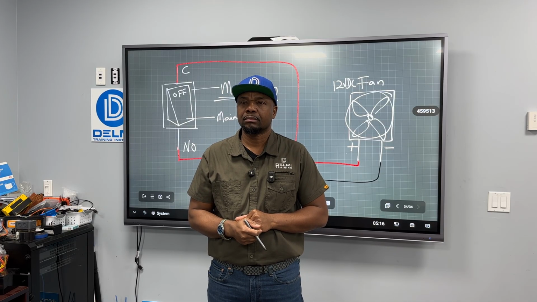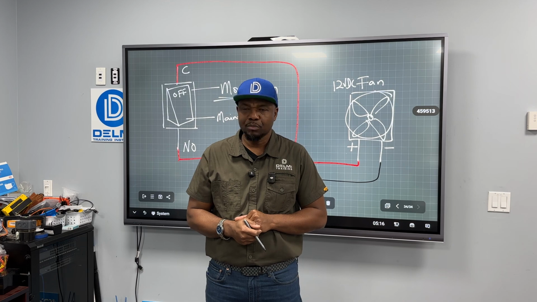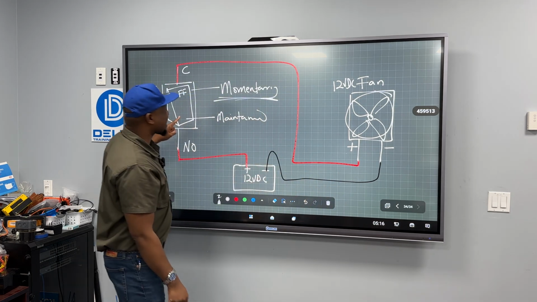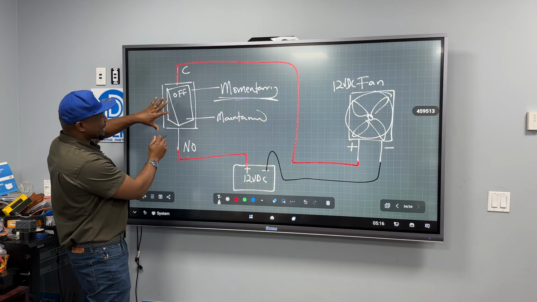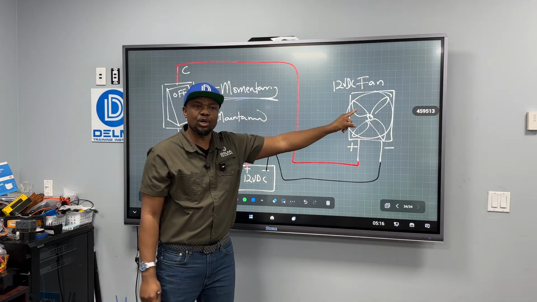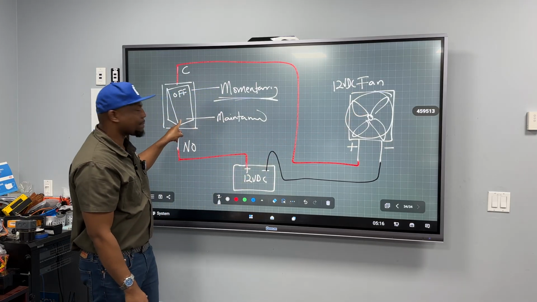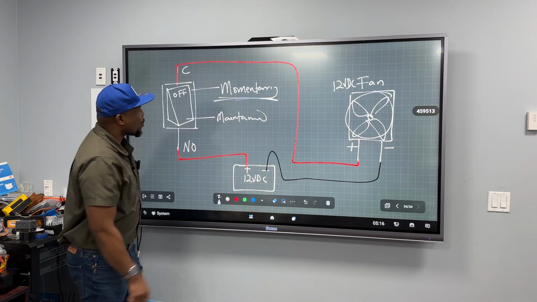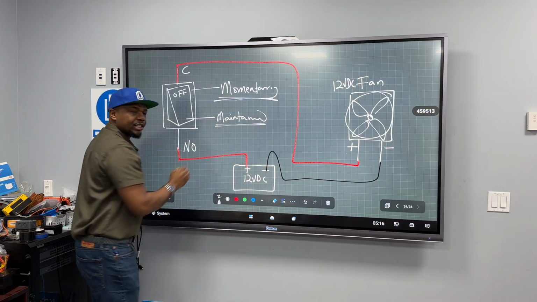Somebody said momentary blink. Momentary blink, right? And that's correct. Because once I press it, it's going to close the circuit and just allow electricity to flow through briefly. And this is going to start spinning. Once I take my finger off, the fan stops spinning. What if it was a maintained switch?